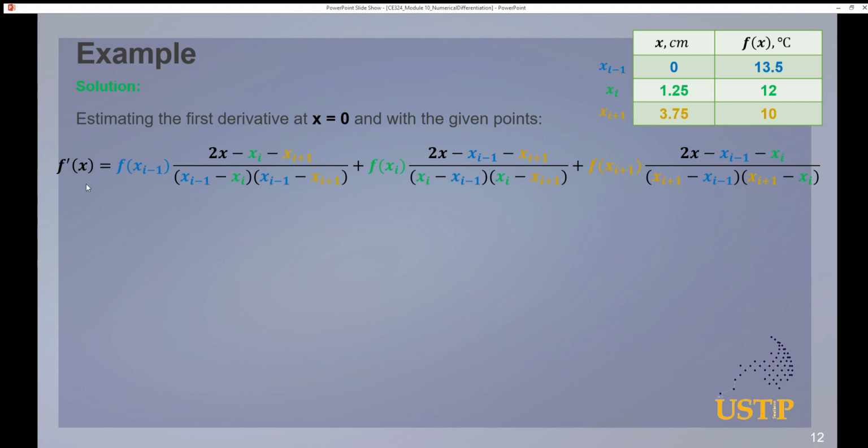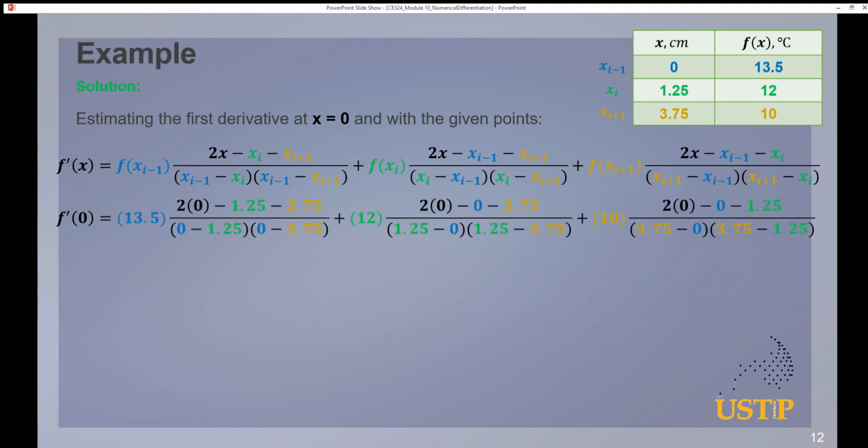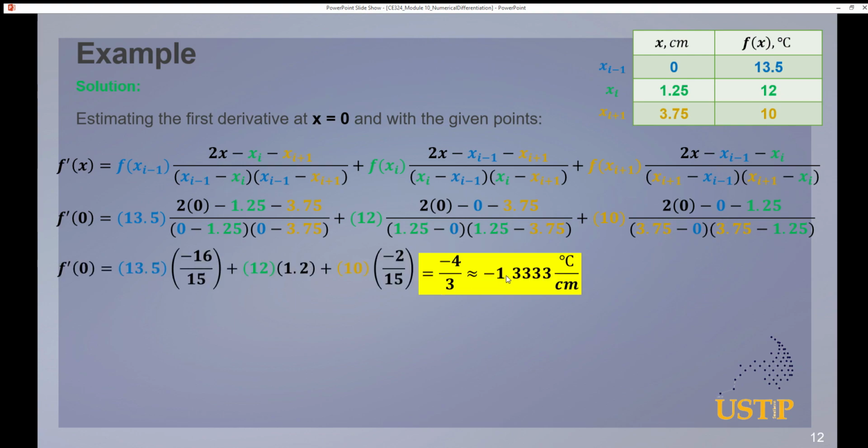Just follow the colors. Actually, if you can't memorize the formula, color coding makes it an easier way. Just plug in everything and we get negative 1.33, with units of Celsius per centimeter. This is the rate of change of temperature with respect to soil depth z.